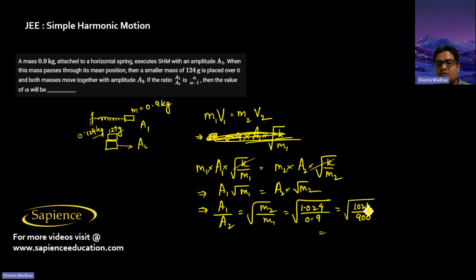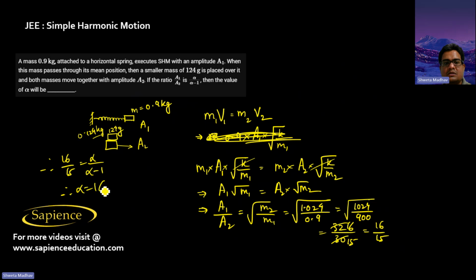Now 1024 is 2 power 10, 2 power 5, that is 32, so that is 32 by 30. Two 15s are 30, two 16s are 32, so this is 16 by 15. So 16 by 15, it is told that it is alpha by alpha minus 1. Therefore alpha is equal to 16. So 16 is the answer.